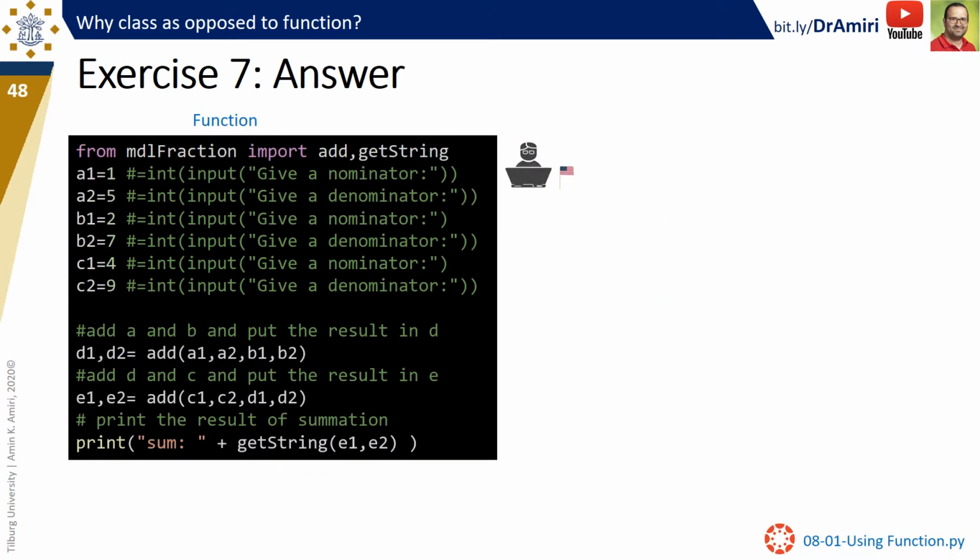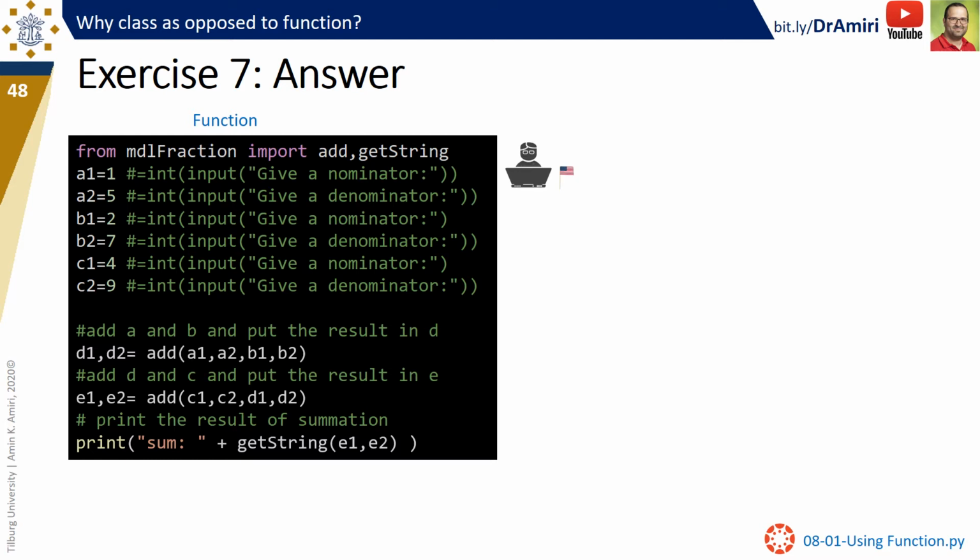So here's the answer. After getting the inputs from the user, you use the add function to calculate the summation of the fraction a and fraction b and store it in fraction d. D1 stands for the numerator of the fraction d, and D2 stands for the denominator of the fraction d.